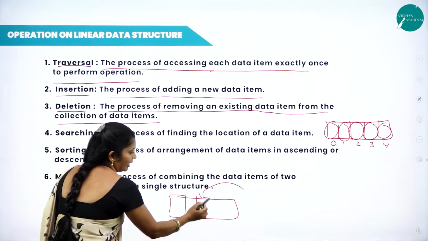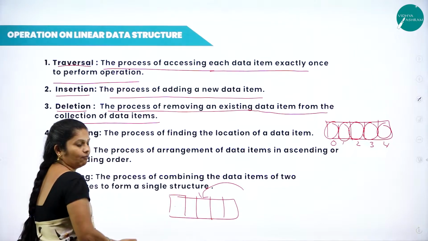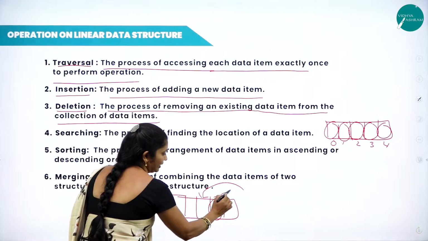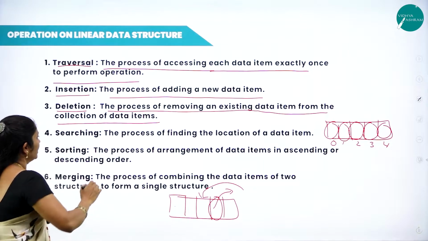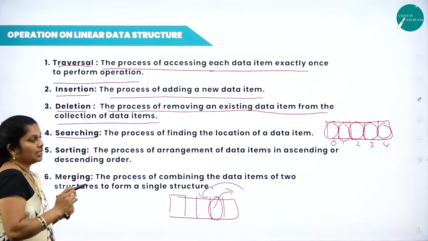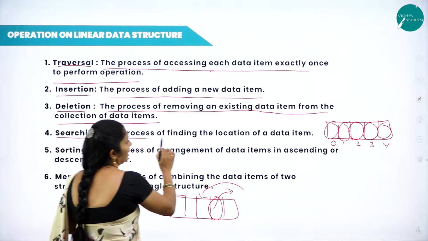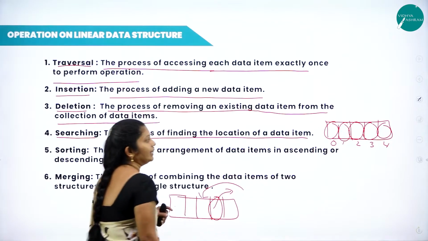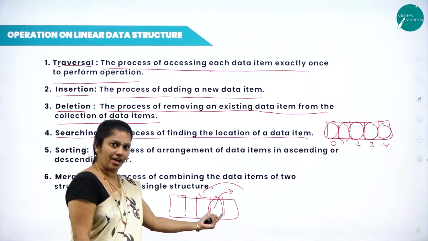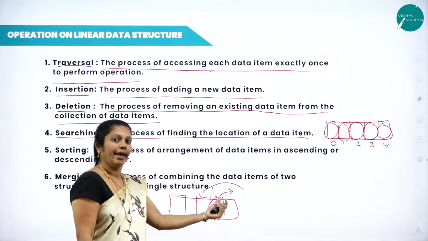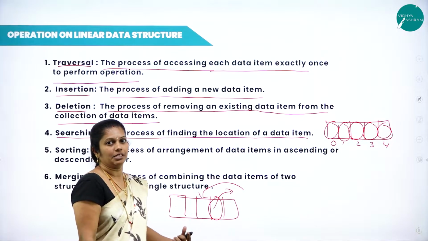Here we have several data items, and whichever item we don't want, we can remove from a particular position. Then searching. Searching is a process of finding the location of a data item. Searching is nothing but identifying, for whichever item I want, exactly on which position that item is present.